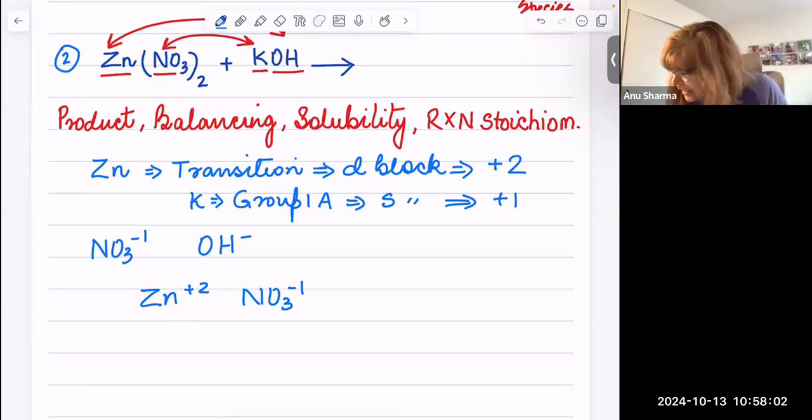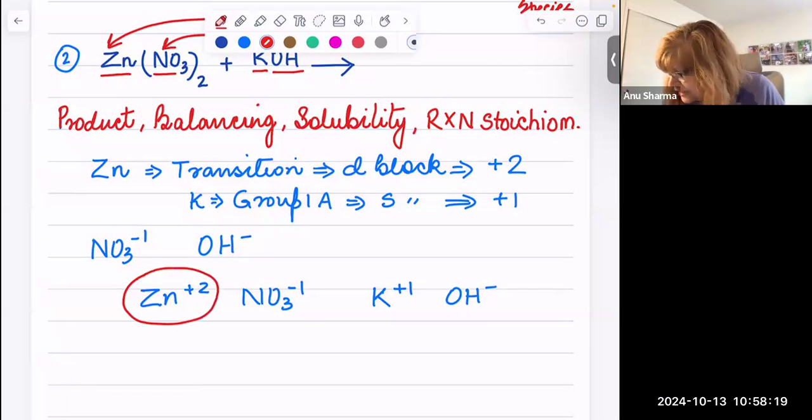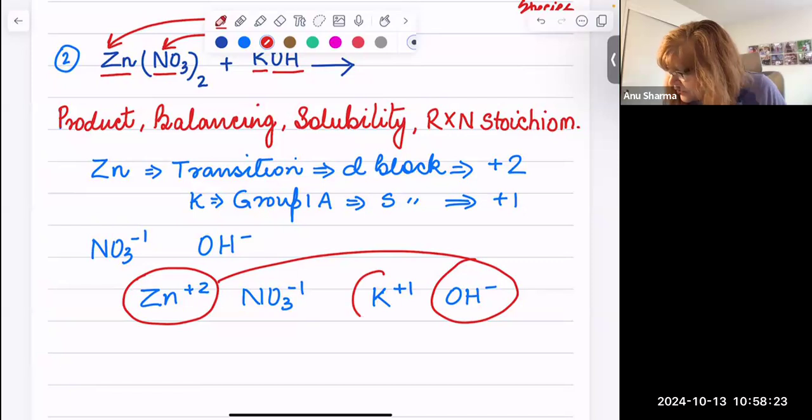And then you have KOH, K +1 charge and OH -1 charge. Now, as I was telling you, outer, outer, inner, inner. So this zinc is going to connect with the OH, and potassium is going to connect with nitrate.